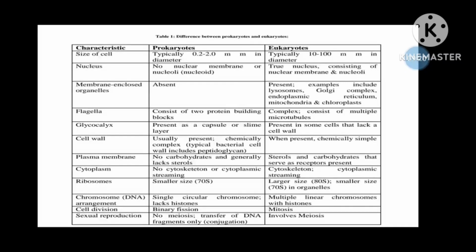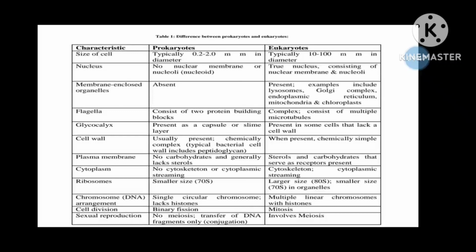Next, glycocalyx. Glycocalyx is present as a capsule or slime layer. In eukaryotic cells, it is present in some cells that lack a cell wall. Means in which cell wall is absent, then in some cells the glycocalyx is present. Now come to the cell wall.